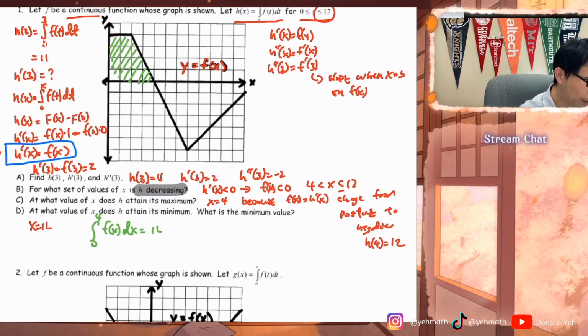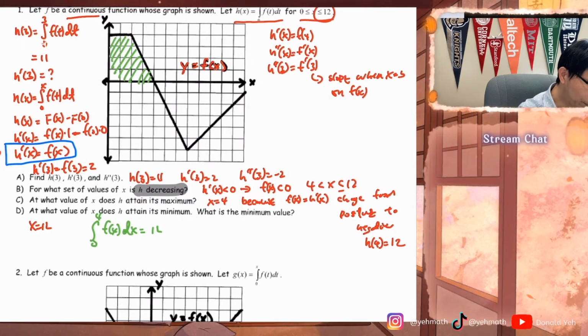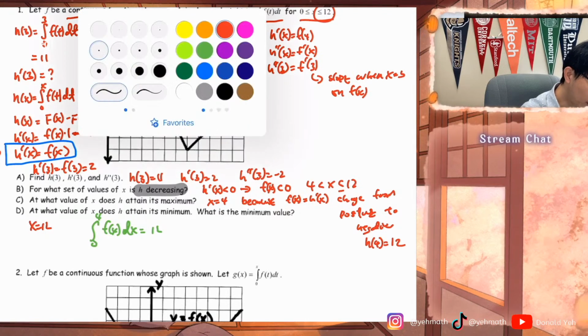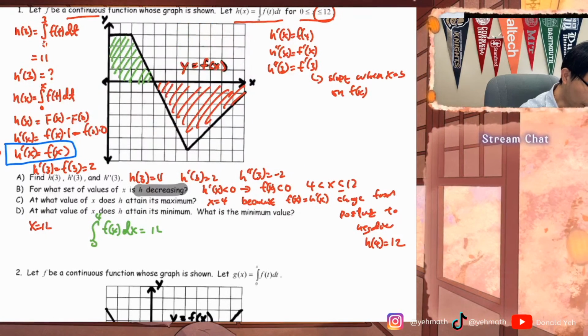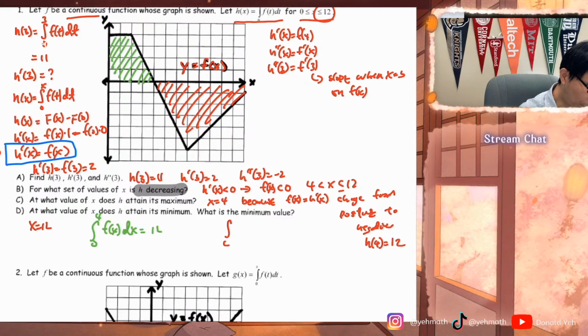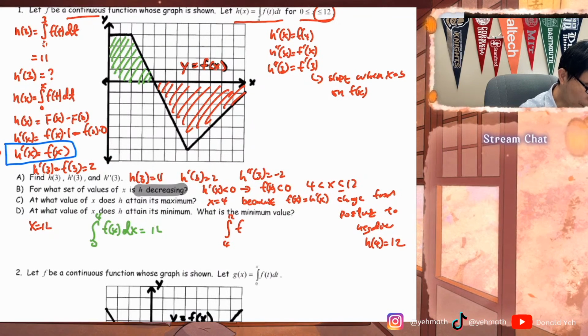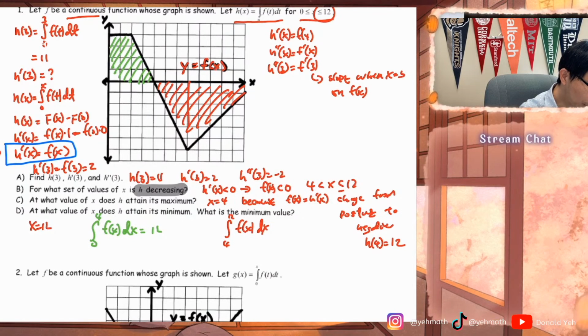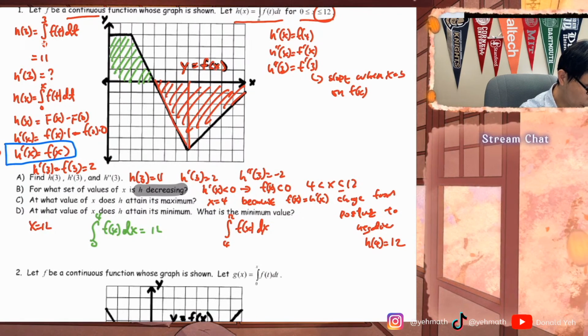Does that make sense? Now this part is red. So think about the integral from 4 to 12 of f of x dx. That's equivalent to this triangle, right?